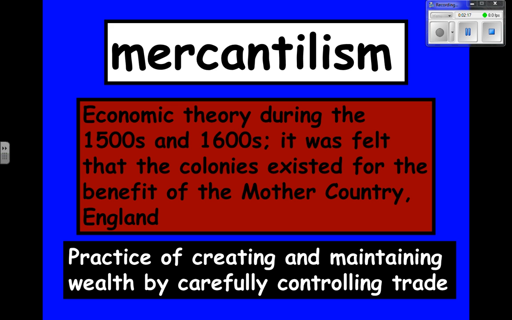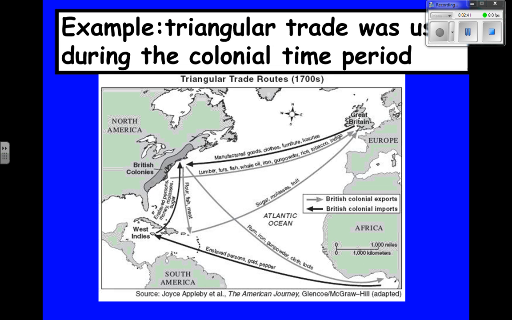Mercantilism is again that word given to that economic plan, that economic theory. During the 1500s and 1600s, it was felt that the colonies existed for the benefit of England, and what the colonies were providing England in the mercantile system was really a lot of raw materials.